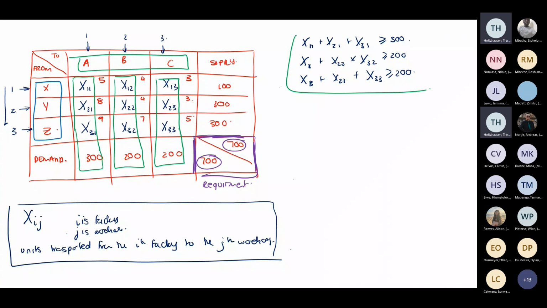And you can also write this as a summation. Notice the thing that changes here is your i. Your j stays the same.